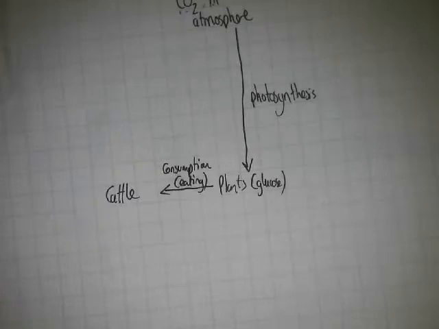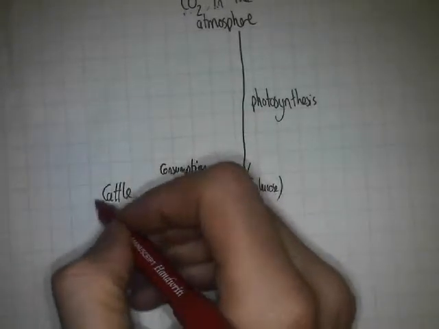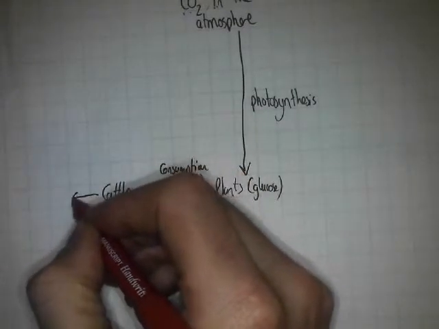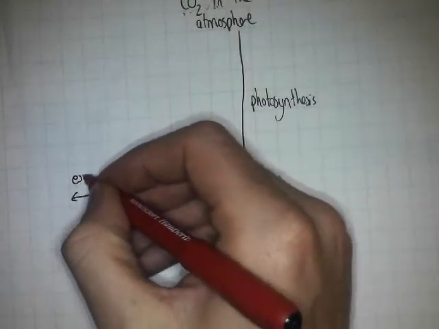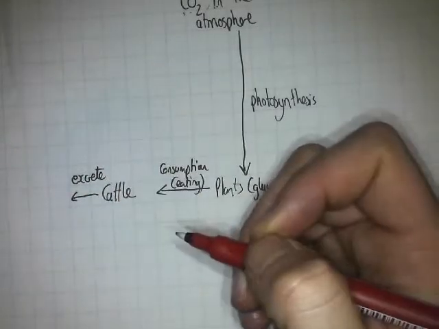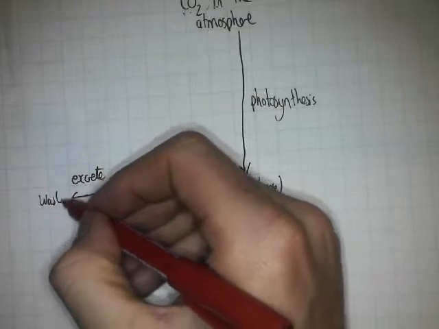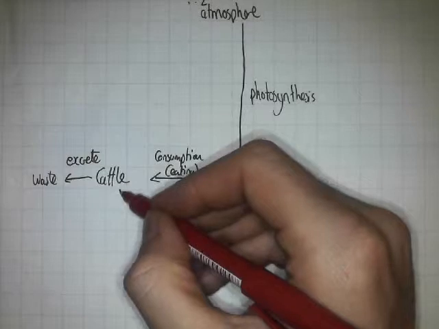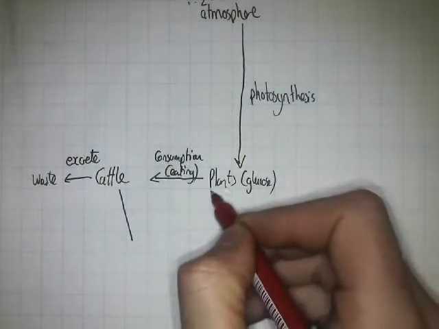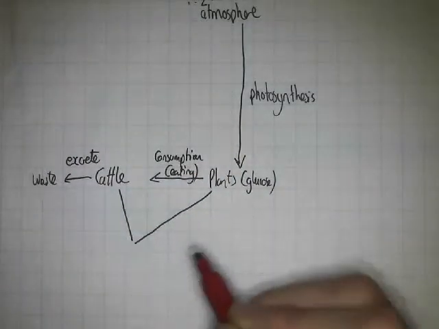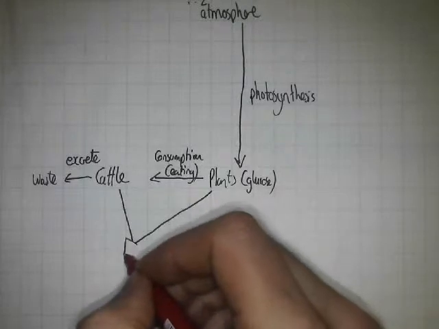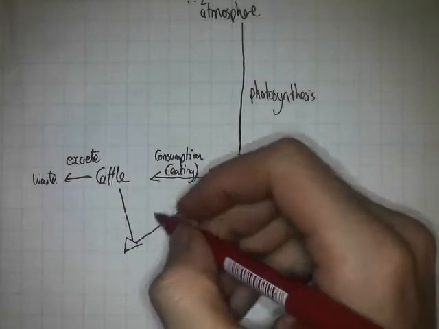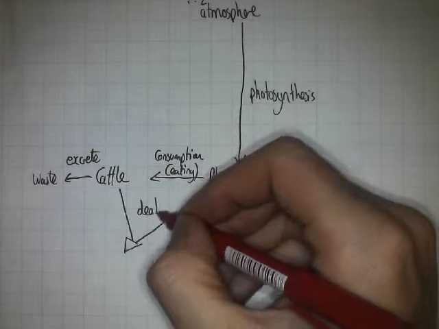They've now got some of the carbon. Right, what do cows do? Well, they go to the toilet. They excrete. And you've got waste. But also, the plant and the cattle could die. So we'll put death here.